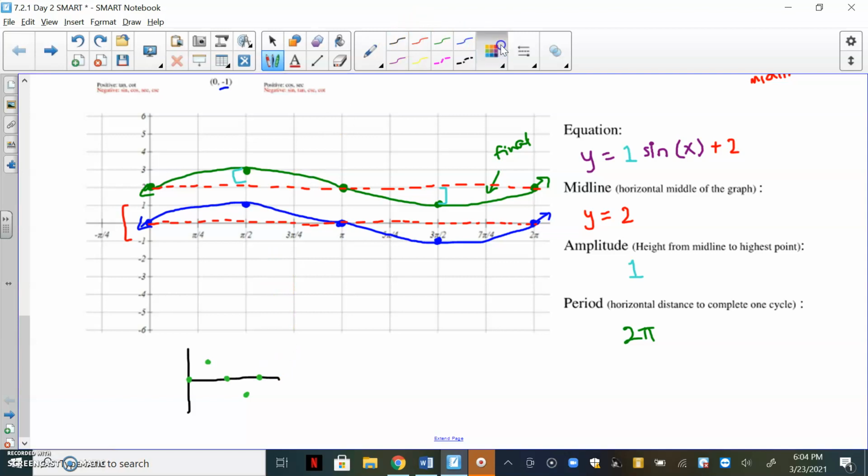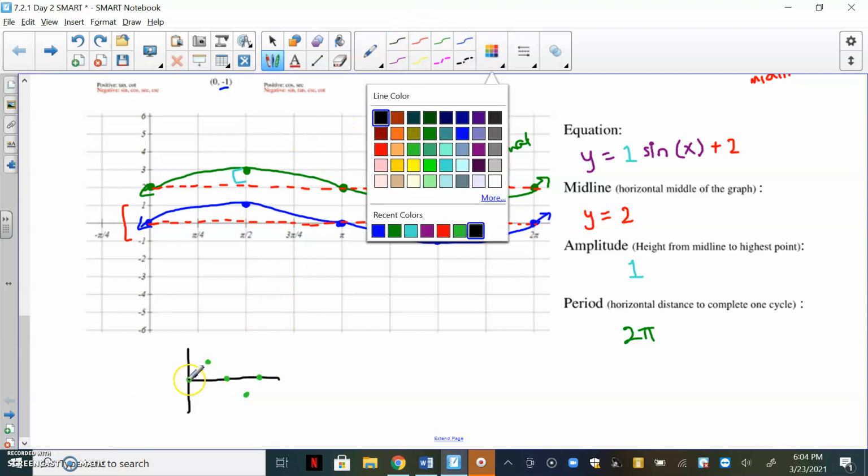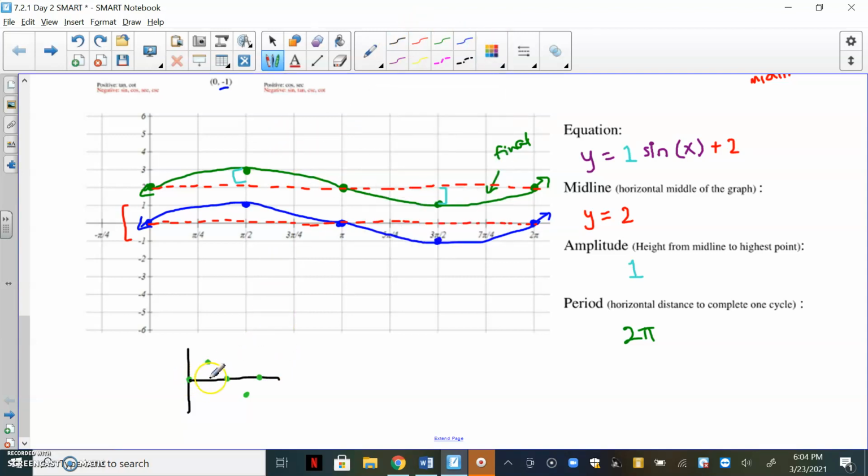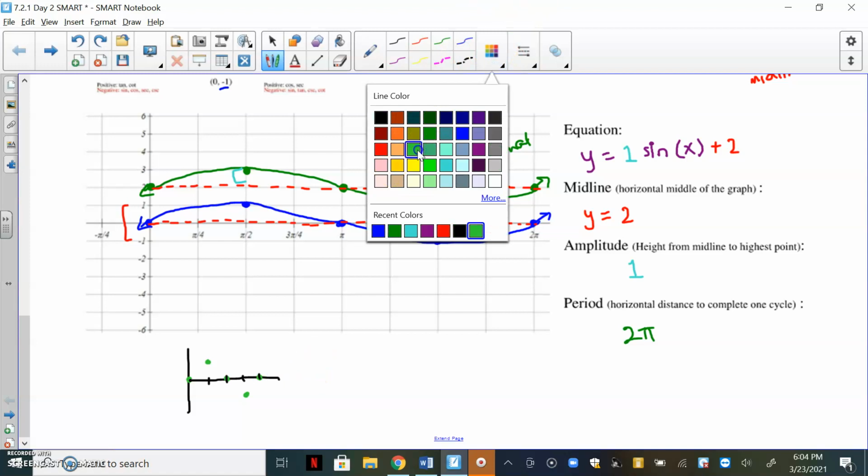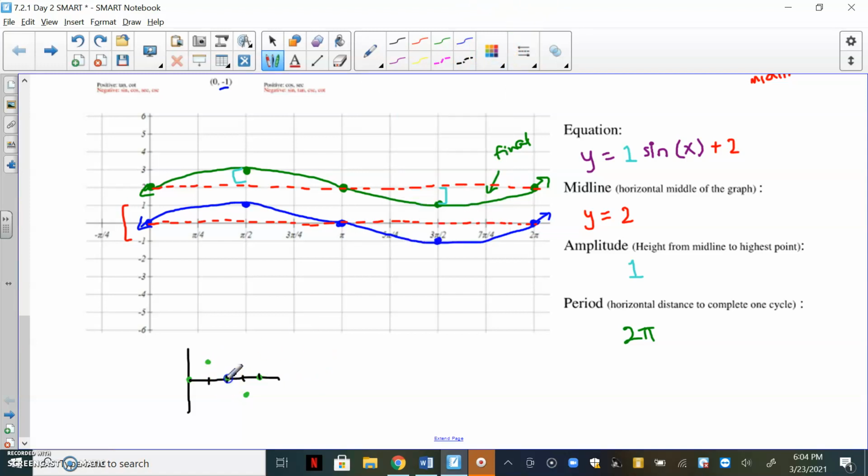And it's always going to go by those 5 spots, right here, here, here, and here. So as long as you keep that pattern in mind, it'll be pretty easy to graph these as long as you know the midline and the amplitude.